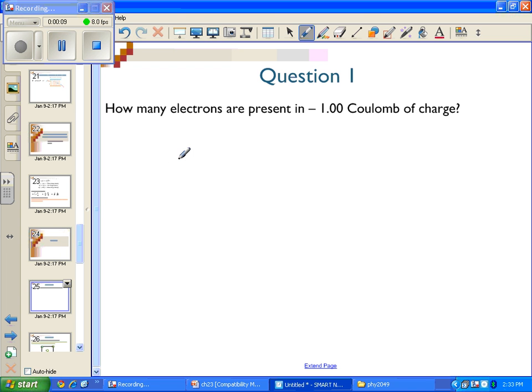Here, we are asked to determine the number of electrons present in Q equals -1 coulomb of charge. Now, we must remember that because charge is quantized, that -1 coulomb is also equal to minus n times e.